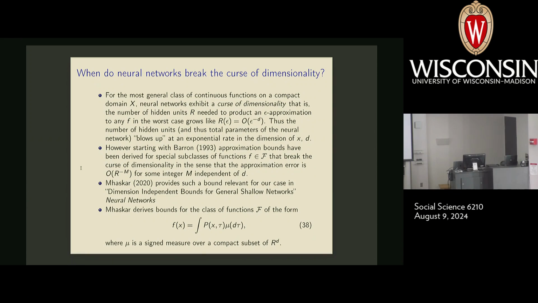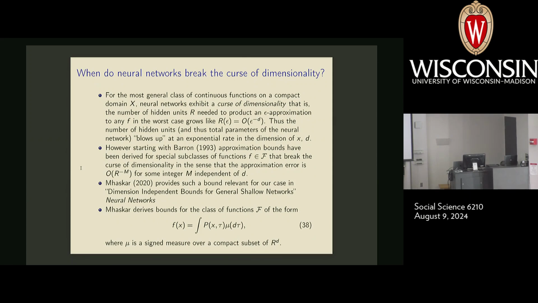In general, if you have d dimensions, the number of hidden units will go up at the rate of 1 over epsilon to the d power, where d is the number of covariates. If epsilon is a thousandth, 1 over epsilon will be 1,000, and with 5 covariates, it'll be 1,000 to the 5th power. You'll need a huge number of hidden units to approximate well, okay?